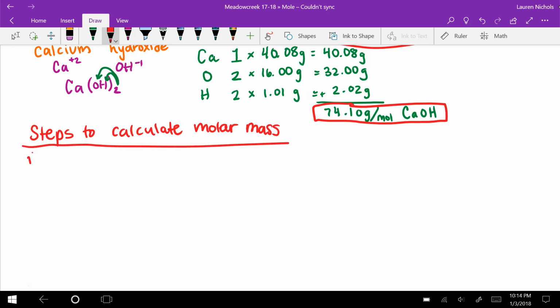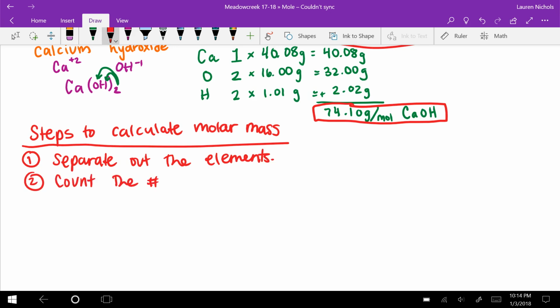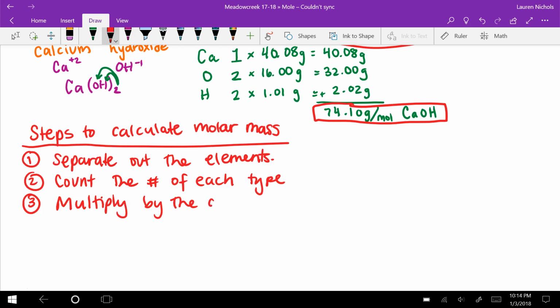The first step is to separate out the elements, count the number of each type, multiply by the atomic mass on the periodic table, and then add them together.